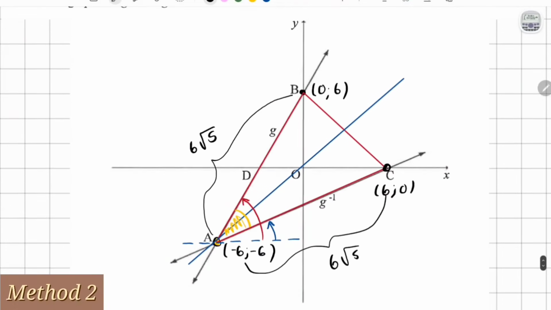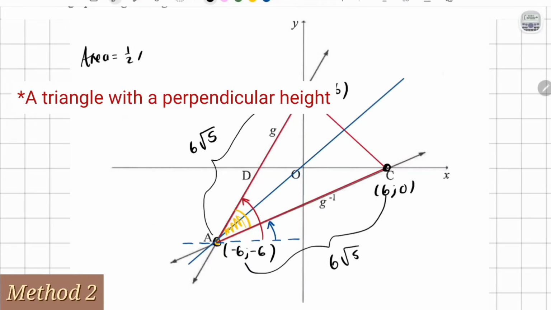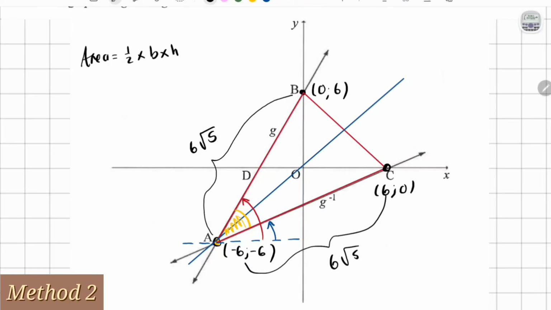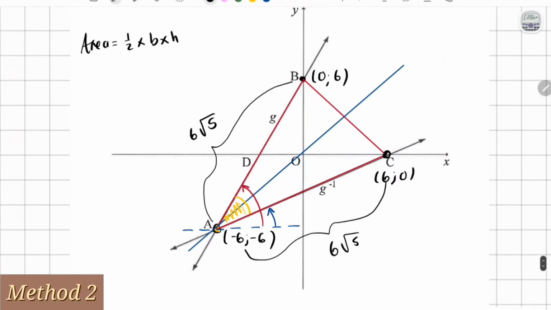The second method that you could use is, first of all, instead of finding an angle, we could just use the fact that we know naturally the area of a triangle, or right angle triangle, is a half multiplied by the base multiplied by the height. But we would need a perpendicular height for this. So we can actually construct one. You see, the fact that these two are the inverse of each other means they're symmetrical across this line, y is equal to x.